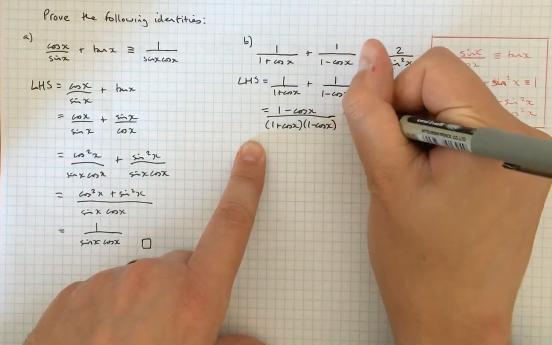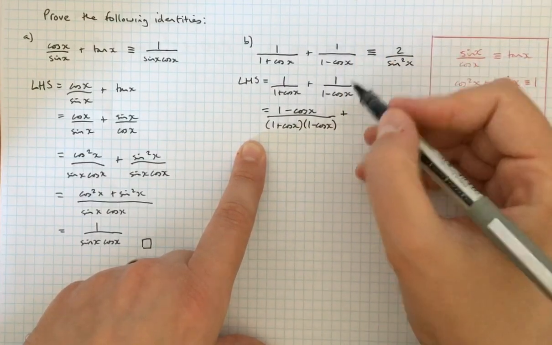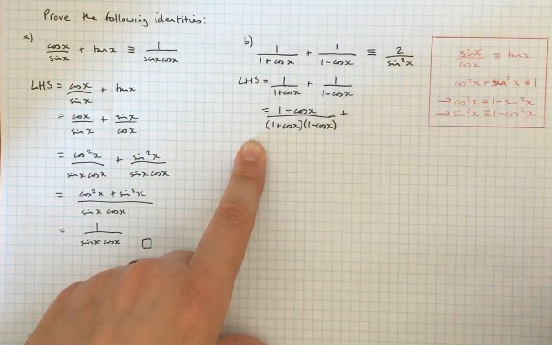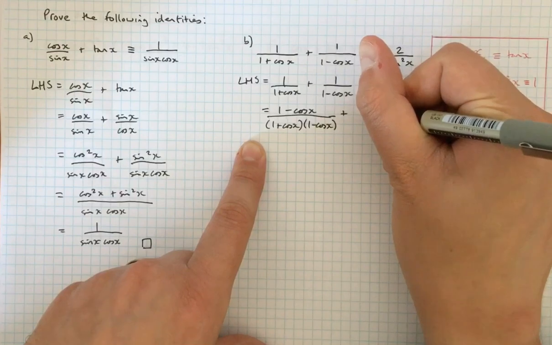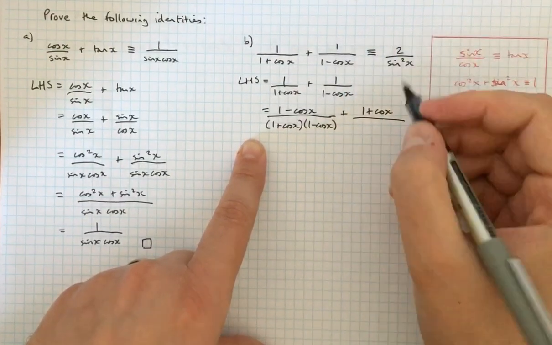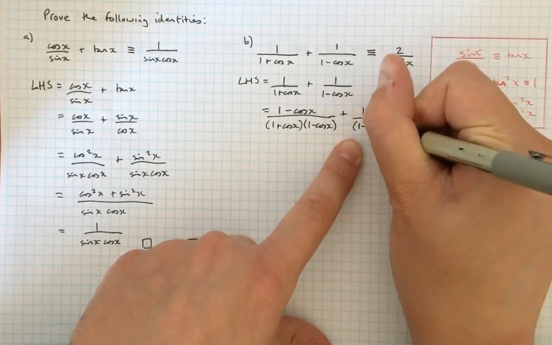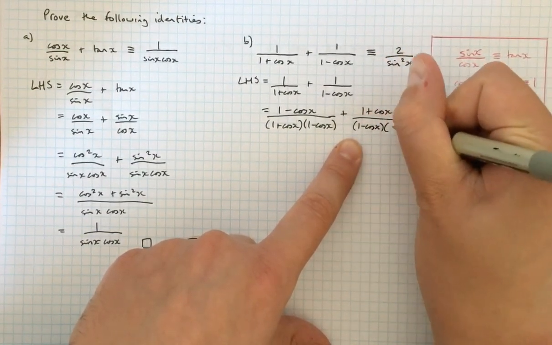And then my second fraction, well, I need to multiply numerator and denominator by 1 plus cos x. So I'll get 1 plus cos x over our common denominator, 1 minus cos x, 1 plus cos x.